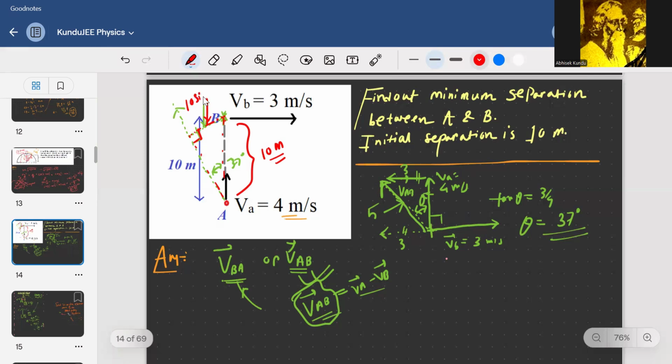This is the minimum separation. So that is 10 sine 37, that is 10 into 3 by 5, that is 6 meter. 6 meter is the minimum separation between A and B.